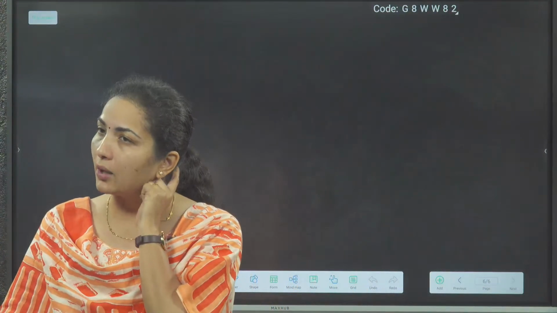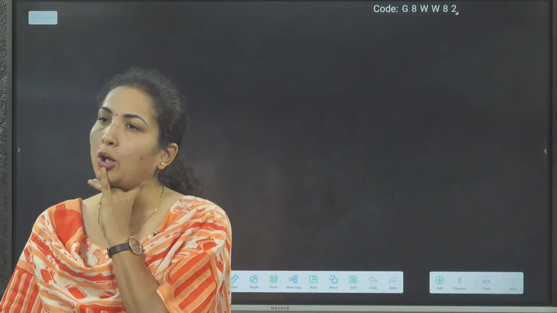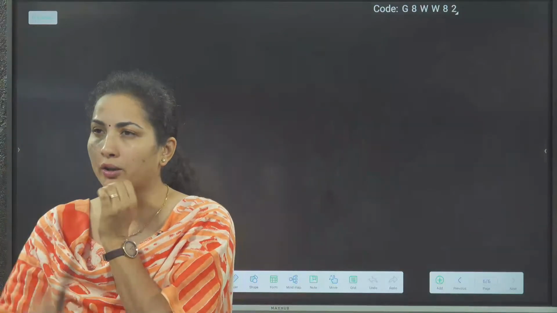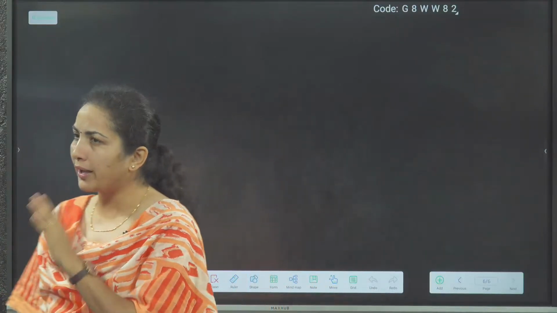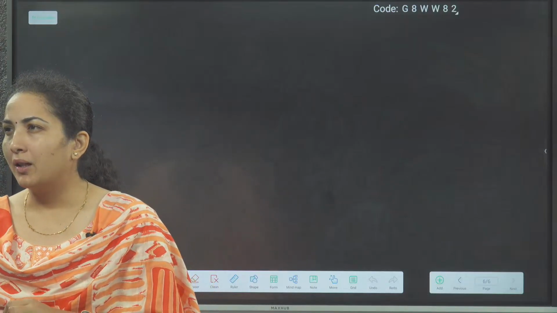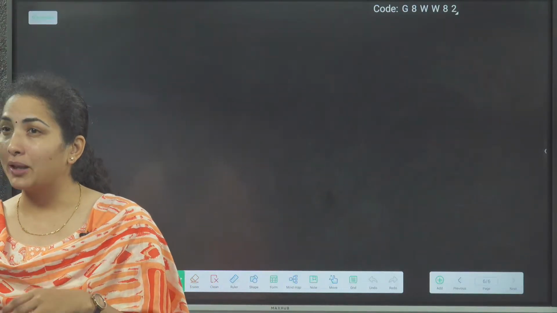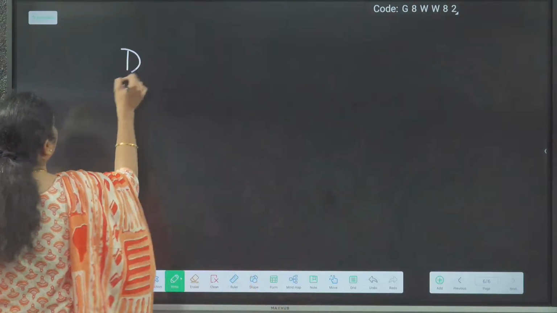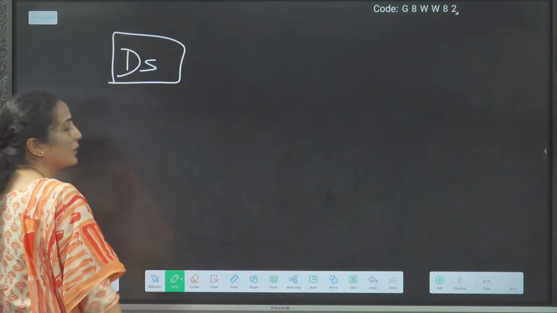Now, if I ask you to write down the symbol of the element darmstadtium, write it down in the chat box. Everyone, if you remember, write it down, not an issue. Darmstadtium. Somebody is writing DB, somebody DR, somebody DS. Darmstadtium is DS.